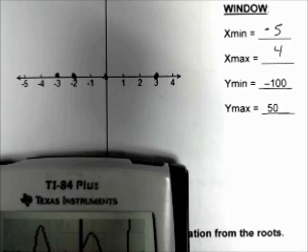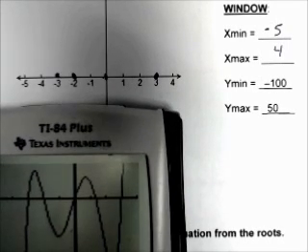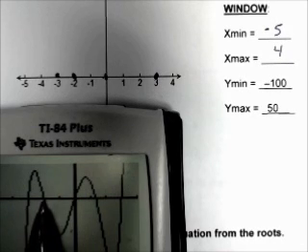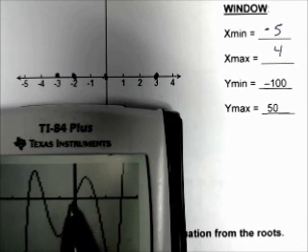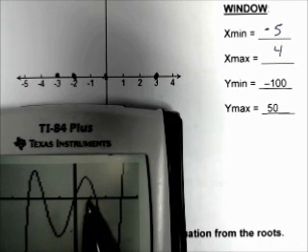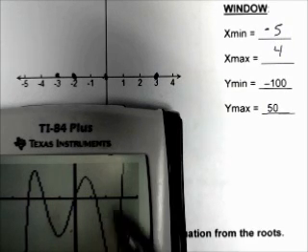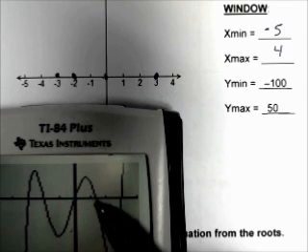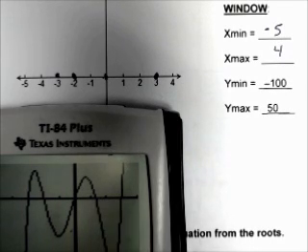Let me look at the graph again. Okay, so this is -2, -3, here's 0. We have 1 here, we can't see that. Let me move it up. So this was -2, -3, 0, and there's 1 between 1 and 2, and then we have 3. The only one we need to calculate is the one just beyond 1.